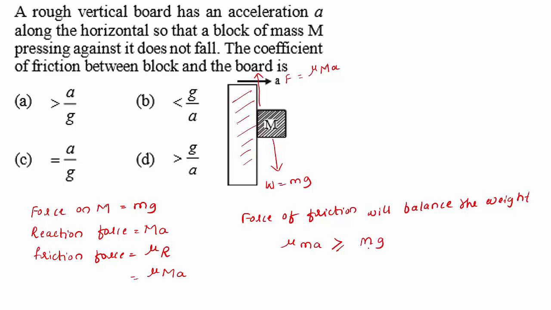So the coefficient of friction between the block and the board, mu, is greater than or equal to g divided by A, because m will get cancelled. So option D is correct.